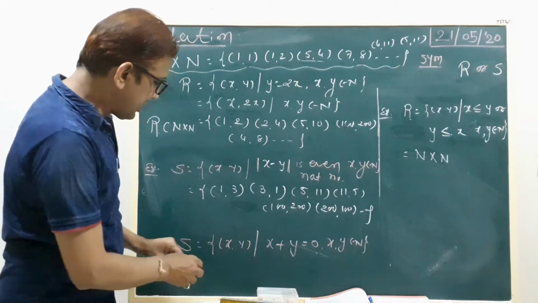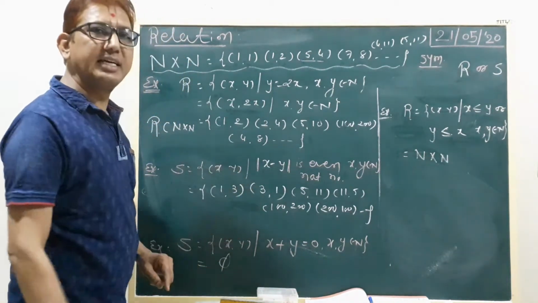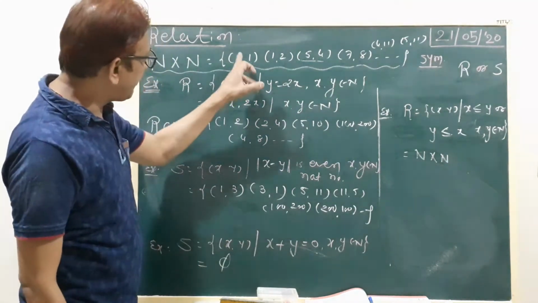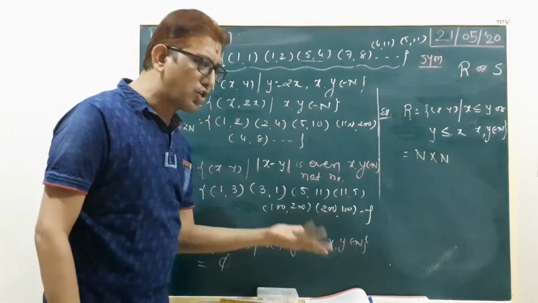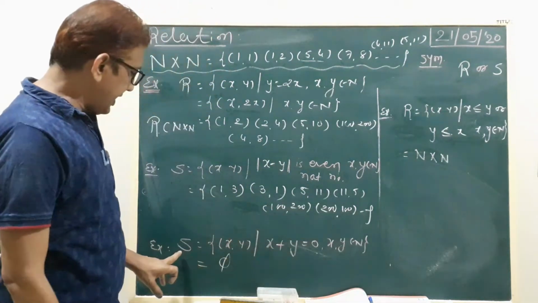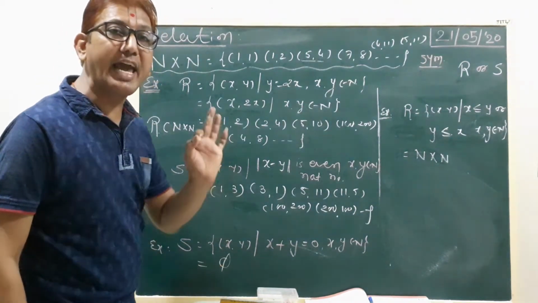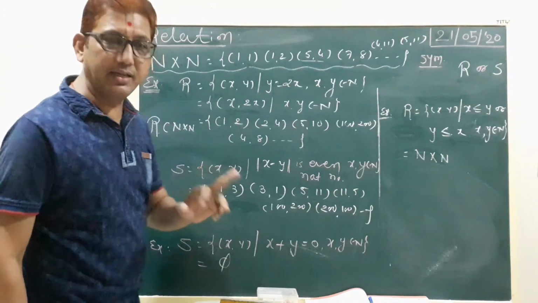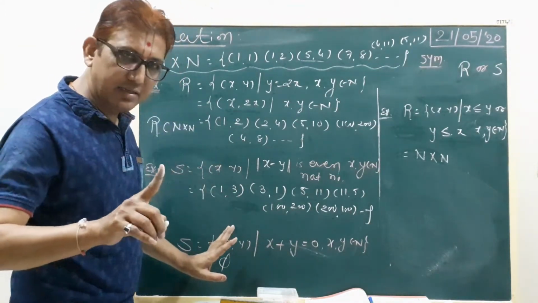Clear? So here only the null set. No bracket is there. Because x plus y equal to 0 is not possible, since x and y both are natural numbers. So here S equal to the empty set. Here it is called an empty relation. Which one? Empty relation. Clear?